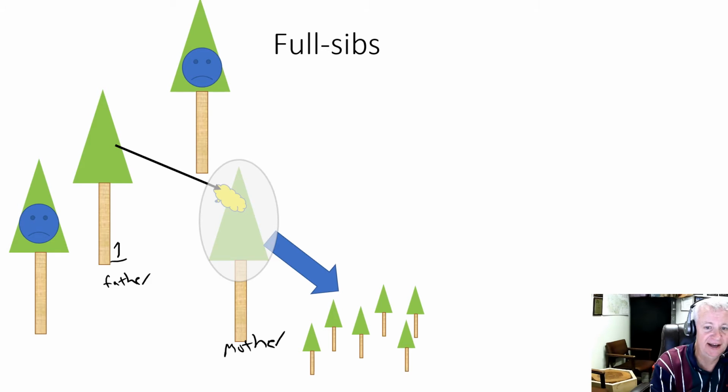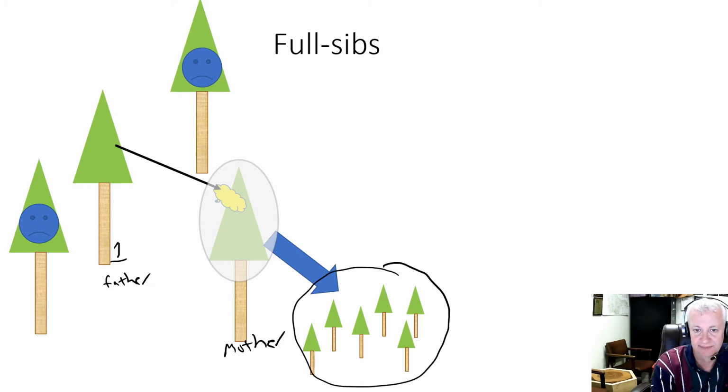Okay, so you can see in this case, I've sort of enclosed that mother tree and those female reproductive structures, and pollen has been introduced to pollinate the female reproductive structures on that mother, so that we know then that the offspring from that tree are related to each other as full sibs.